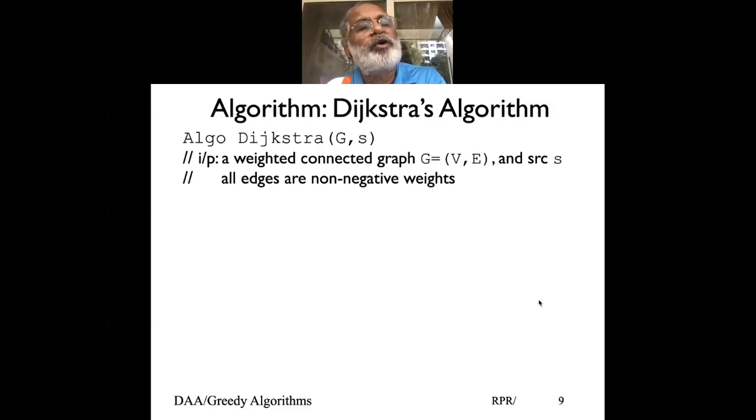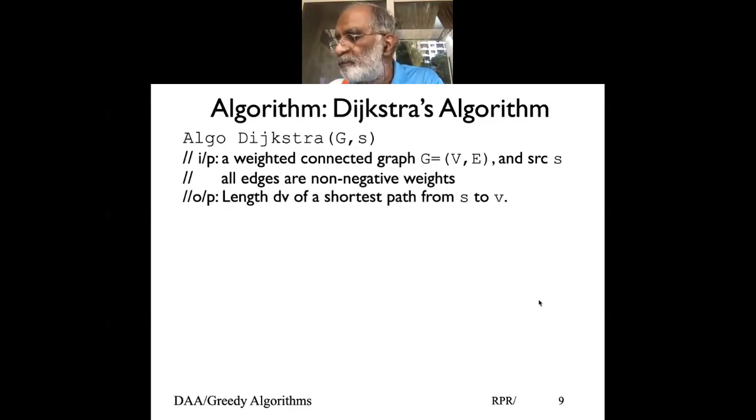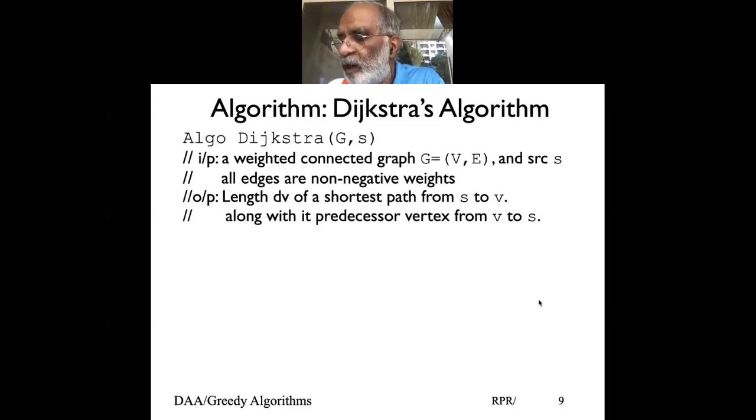Once we go to dynamic programming, we'll look at the Bellman-Ford algorithm and the Floyd-Warshall algorithm, which work even with negative weights. But Dijkstra algorithm does not work with negative weights. And we maintain a label dv for each node that maintains the shortest distance from node S to V.